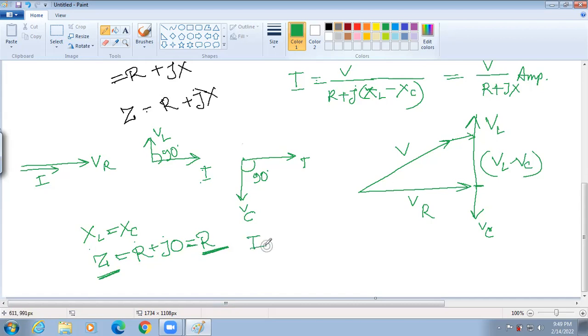So I0 equals V by Z equals V by R amperes, and I0 is the current at the resonance condition.